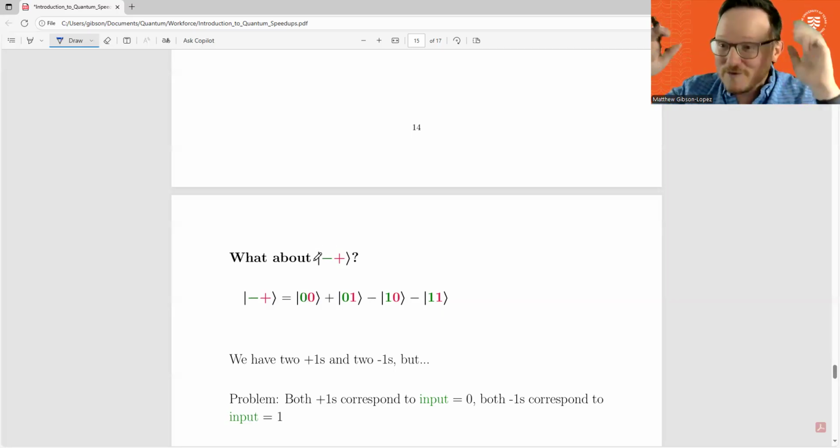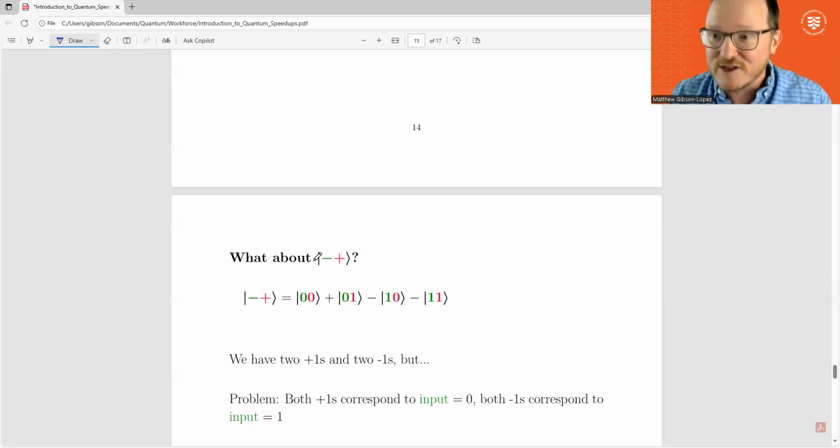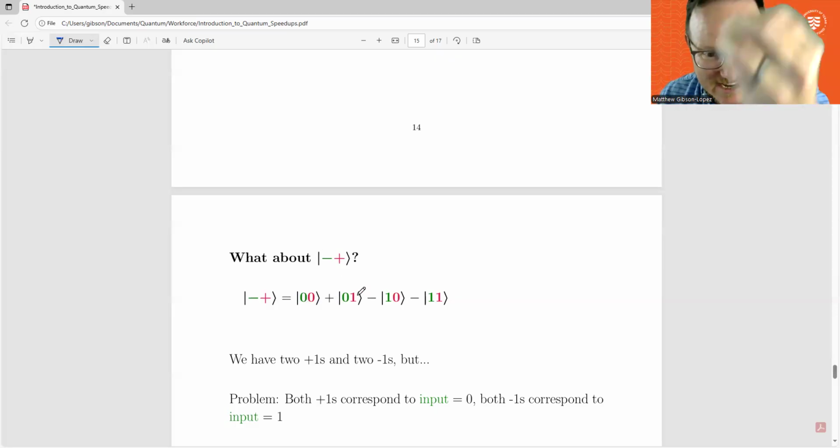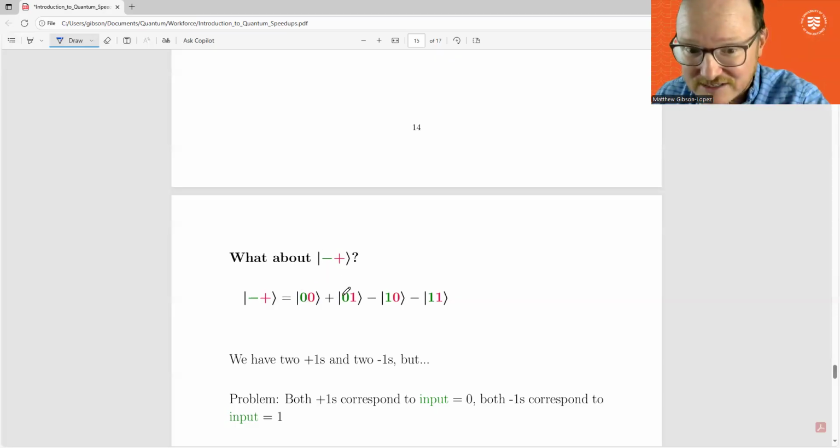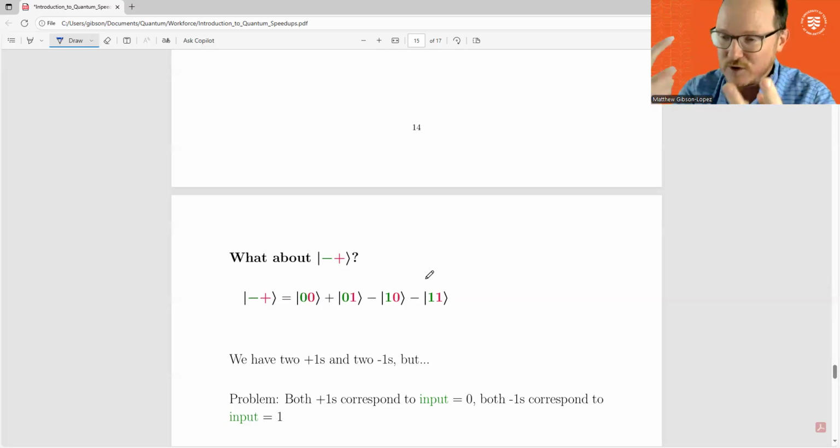So hopefully now we can zoom in on the fact that, in order for this to have a chance of working, these two signs have to be different, and these two signs have to be different, so that when you swap, you're actually swapping different values.